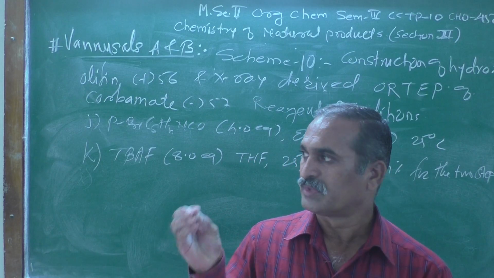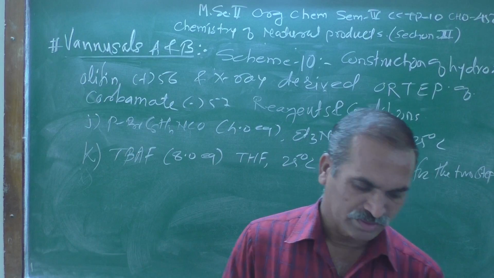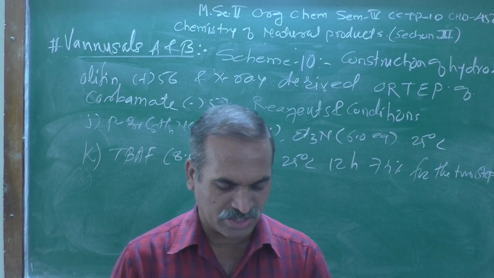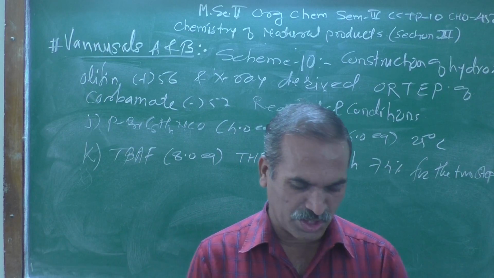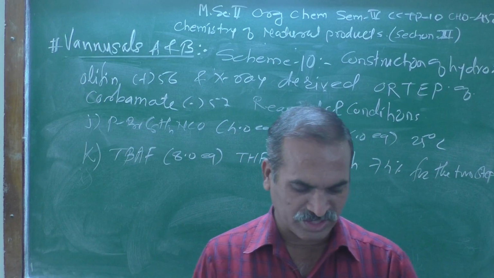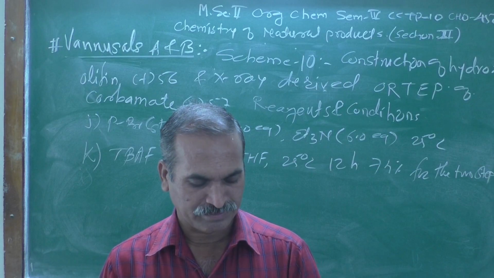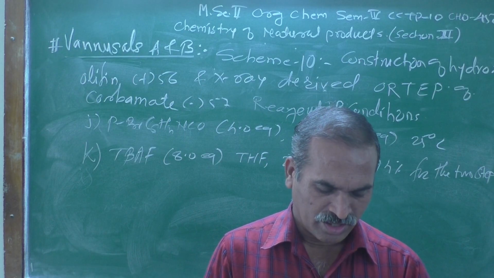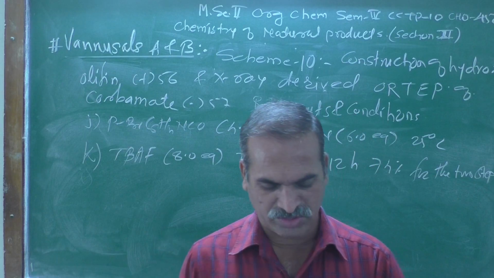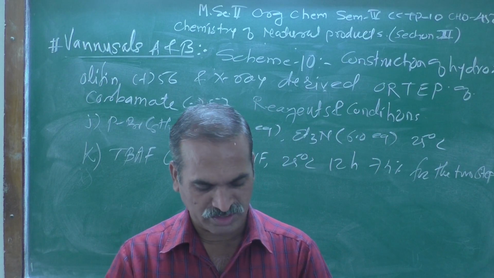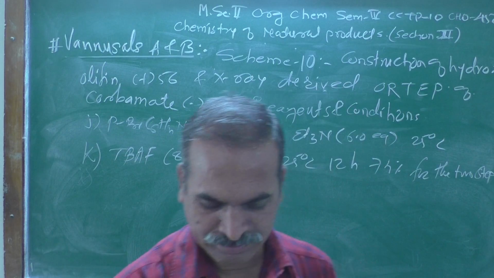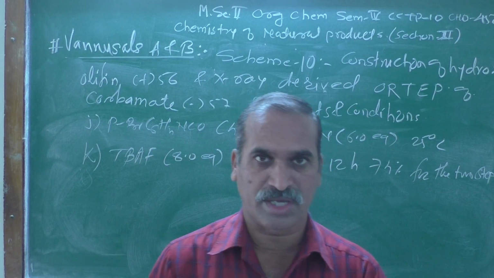See scheme number 11, the mechanistic rationale for the stereoselective epoxidation of olefin minus 54 through iodohydrin formation, that we are going to see in our next lecture. Till then, have a nice day. Thank you.